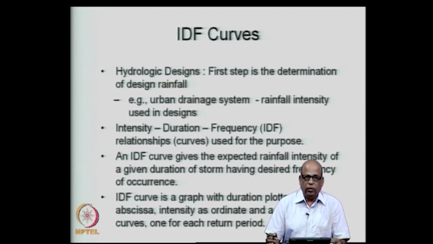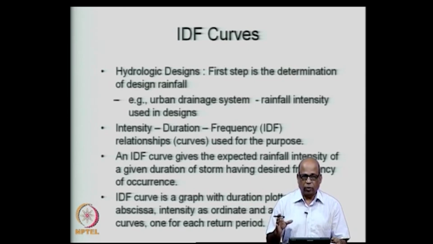So, as I mentioned, the first step in hydrologic design is what kind of design rainfall you would like to use. By design rainfall, we mean the rainfall intensity. Now, the rainfall intensity, as I just mentioned, will depend on the design duration.